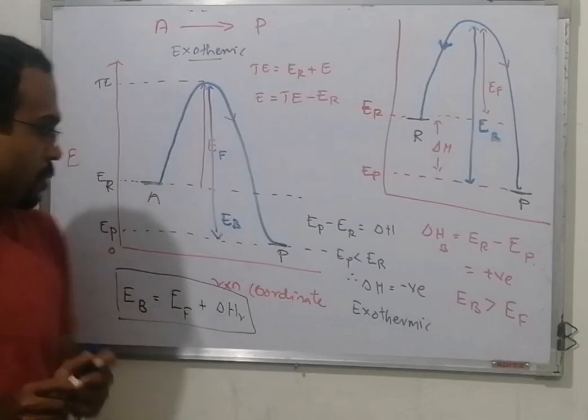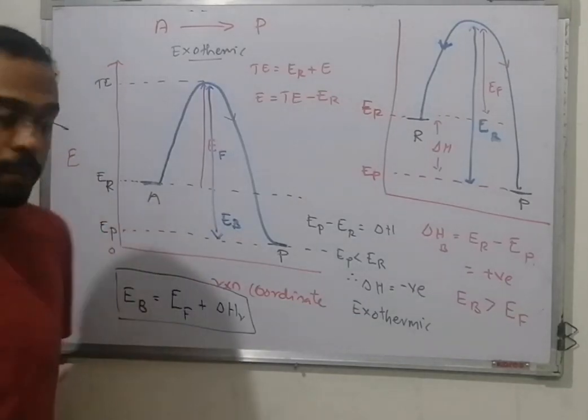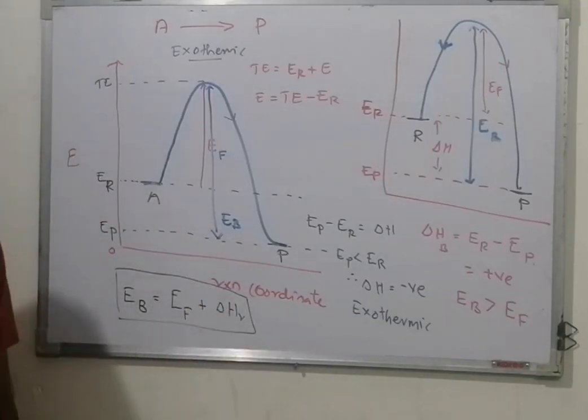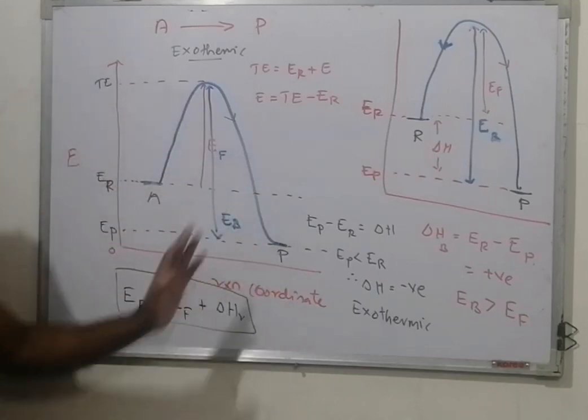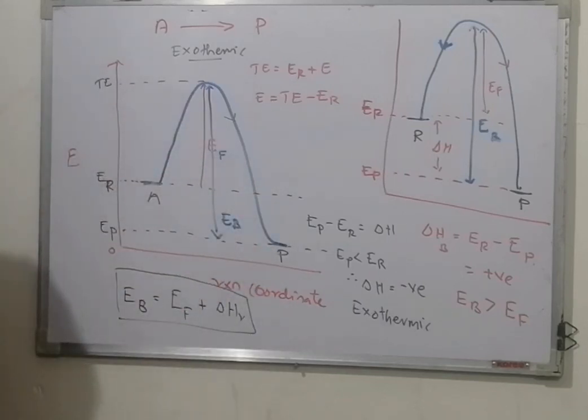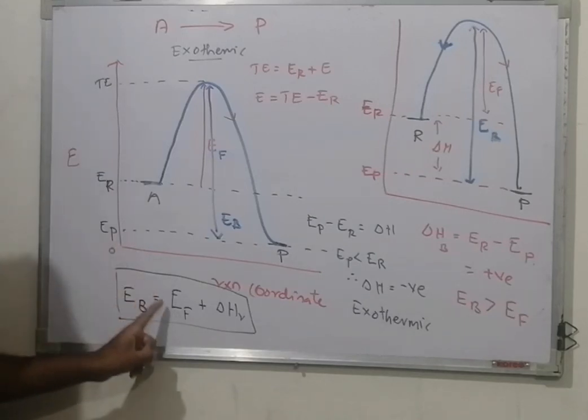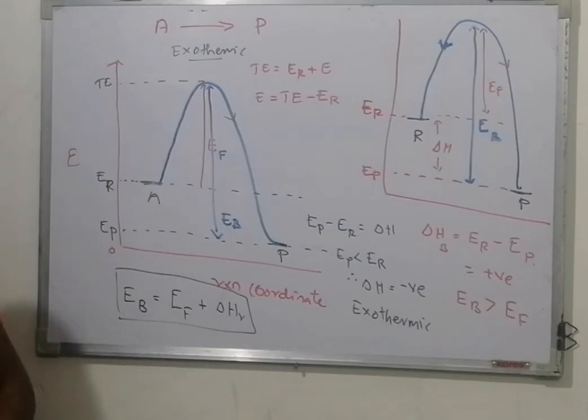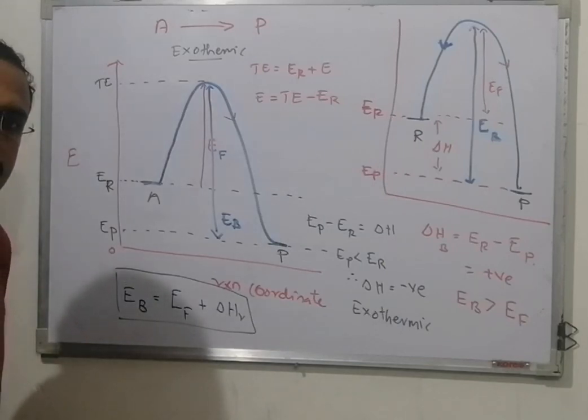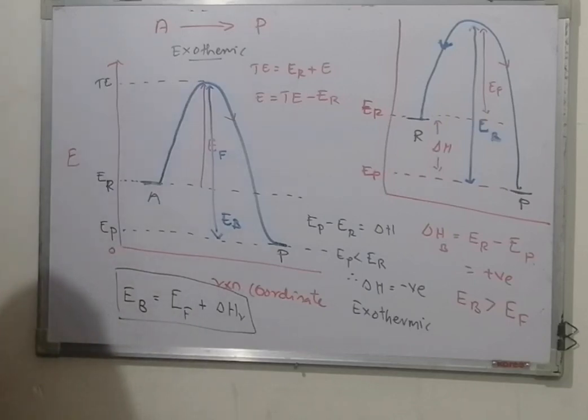Now, this is for exothermic reaction, remember? Now, remember one point. For an exothermic reaction, you have to listen very carefully. If activation energy of forward is 0, will activation energy of backward be 0?